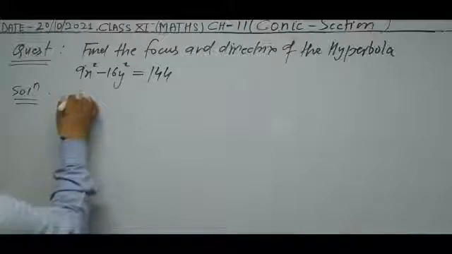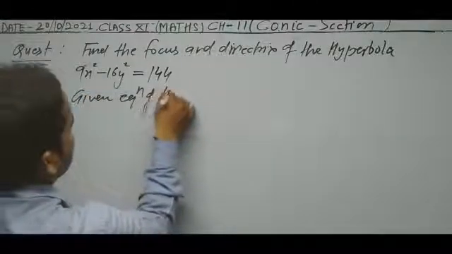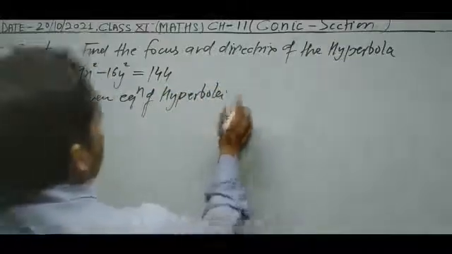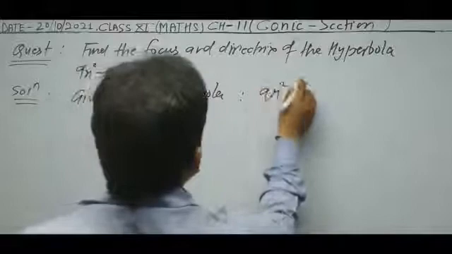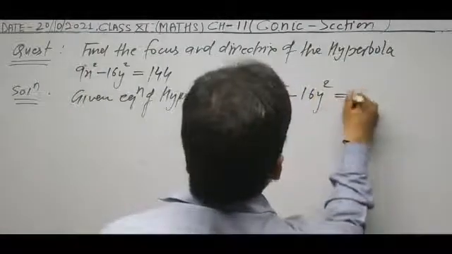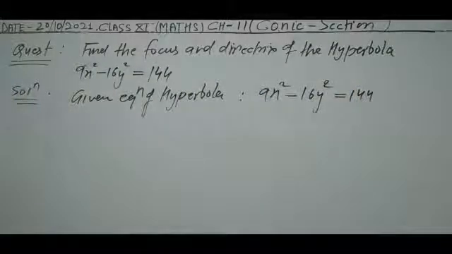Now given equation of hyperbola, that is 9x square minus 16y square is equal to 144.